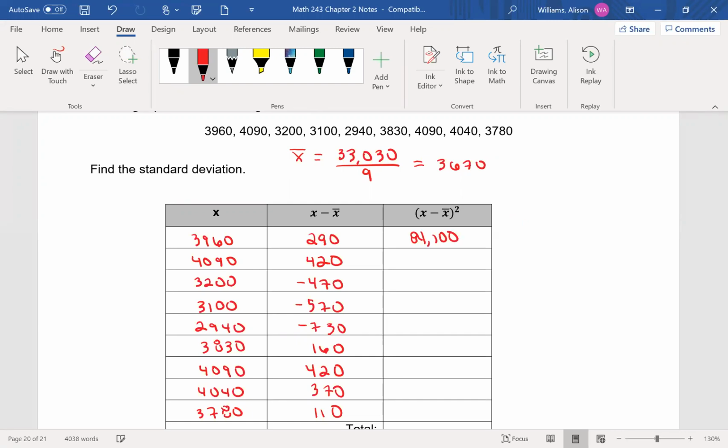84,100. Again, pause the video, calculate it really quick, verify we match. 176,400. There we go.